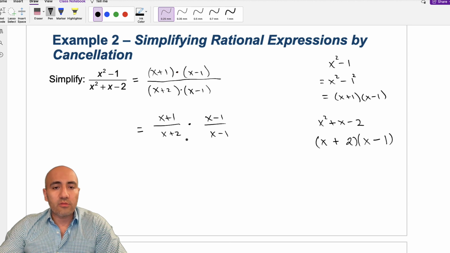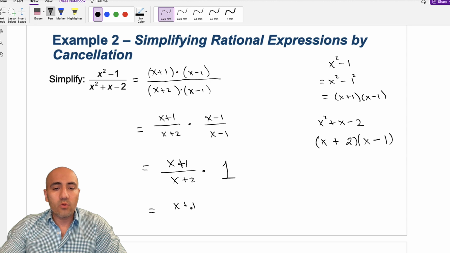If I was asked to multiply these 2 fractions, you don't need a common denominator, so I would just multiply the numerator, multiply the denominator, and I would get to there, right? Now here, this is a new version of 1 because we have a fraction where the numerator and the denominator are identical. So this is x plus 1 divided by x plus 2 times a giant 1. And 1 times anything is the same value. It doesn't change. So then this becomes x plus 1 divided by x plus 2.